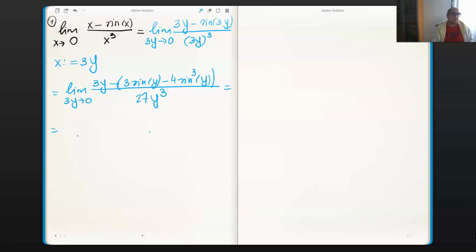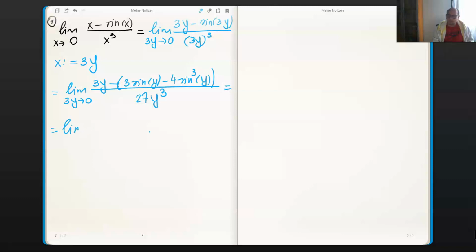So is it a simplification? You may ask, what are you doing? We have just x to the power of 1 and sine of x to the power of 1 in the numerator, and now we're having even cube power. So maybe it's not an improvement. Well, let's be patient and see what's going on.